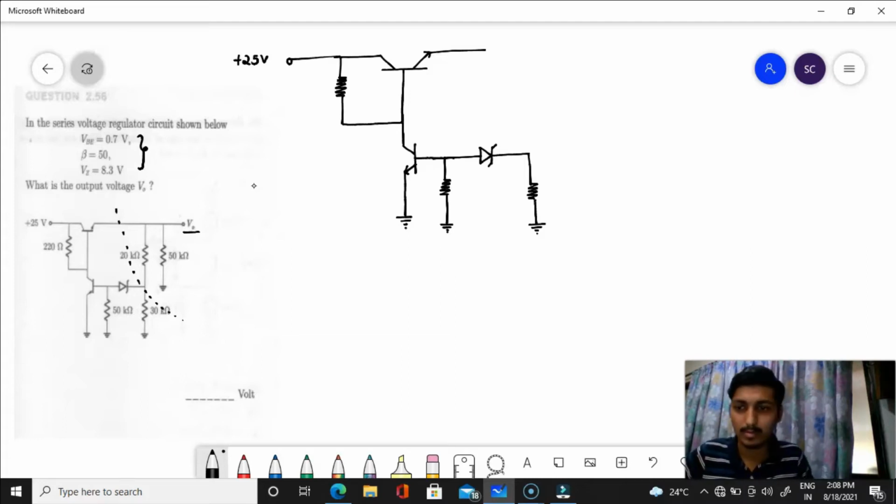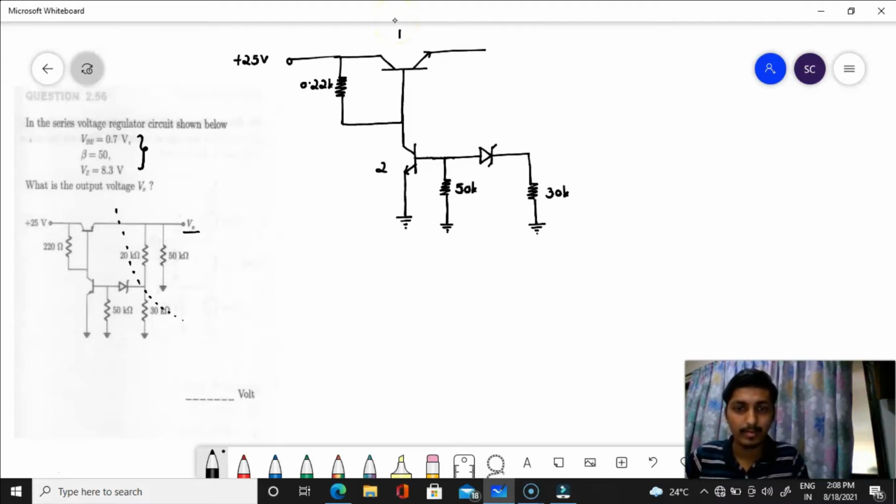Here it is 50k, 30k. This is grounded. Please replace this ohm into kilo ohms because it will be easier for calculation. 0.22k. This is transistor number 1, transistor number 2.